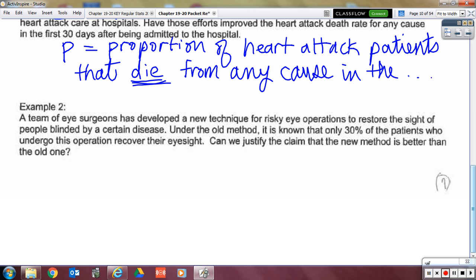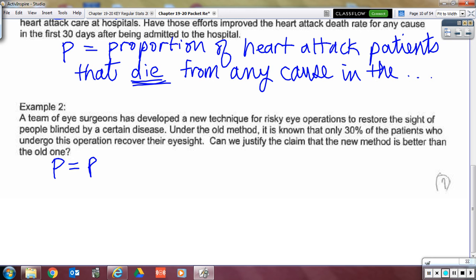People that are blinded by a certain disease, and then what are they going to do? And we want to see if it makes them better. Yes. Okay, they do the new method. So how are we going to start this? Is this a proportion problem or a mean problem? Proportion. How do you know? The percentage. Because it talks about 30% of them. Okay, so P equals, and what's the first word I'm going to write? Proportion.